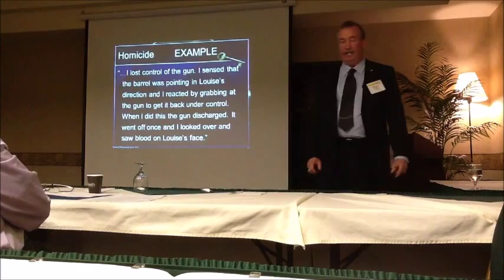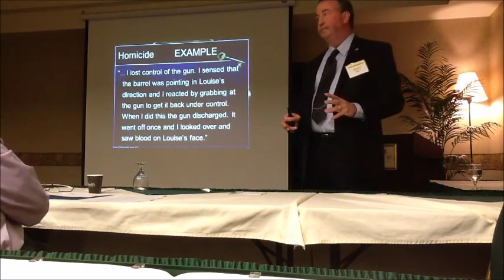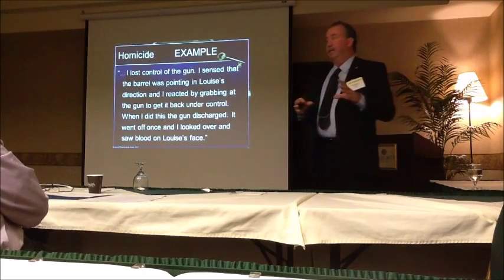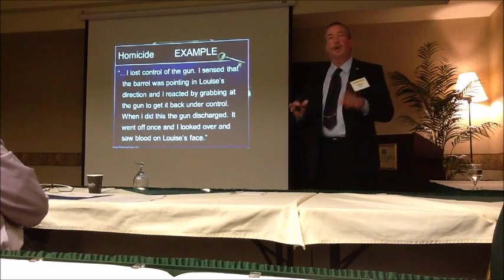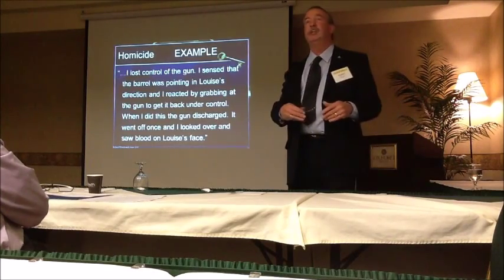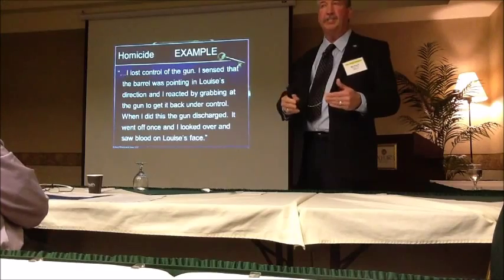This is an excerpt out of a homicide statement. 7 times prior to this part of the statement, he refers to his wife. My wife, my wife, my wife. He never introduces Louise as his wife, he just says, my wife.